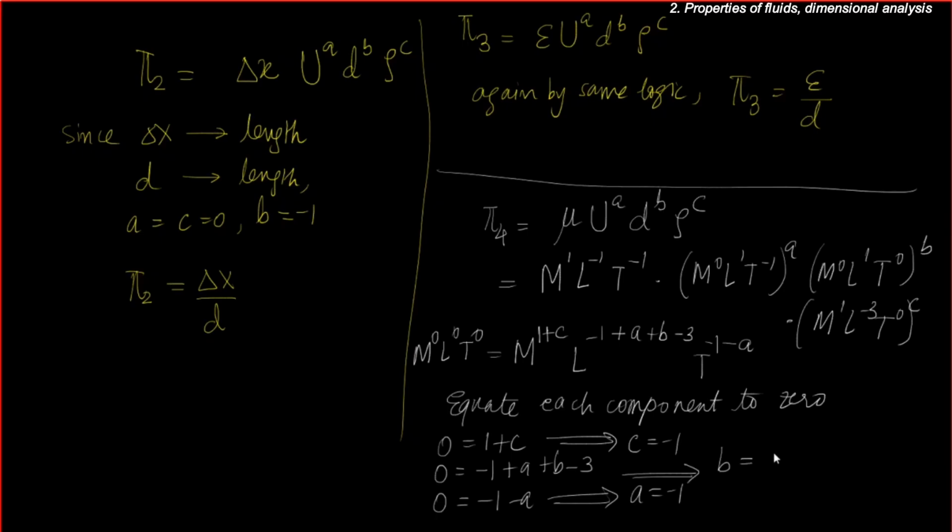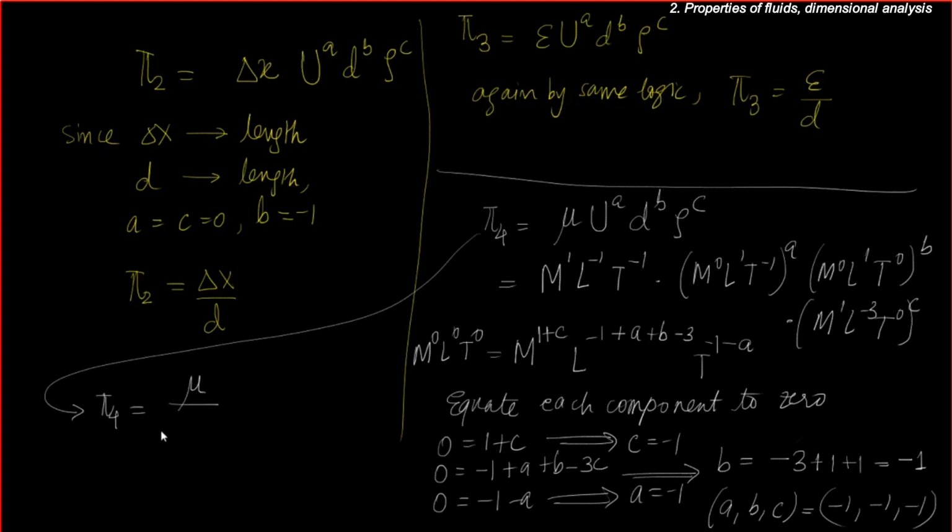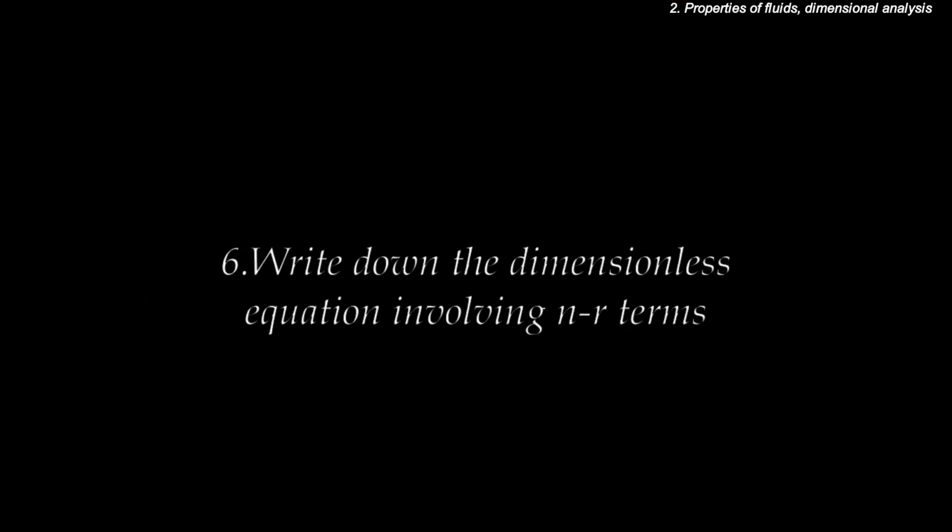As for the fourth pi term, which is representing viscosity in terms of the basis vector, pi 4 is equal to mu u to the power a, d to the power b, rho to the power c. Putting in the dimensions of mu, which is m to the power 1, l to the power minus 1, t to the power minus 1, and plugging in the values of the dimensions of velocity, density, and rho, exponentiating them to a, b, and c respectively, we can then collect all the various exponents of m, l, and t and equate each power to 0.